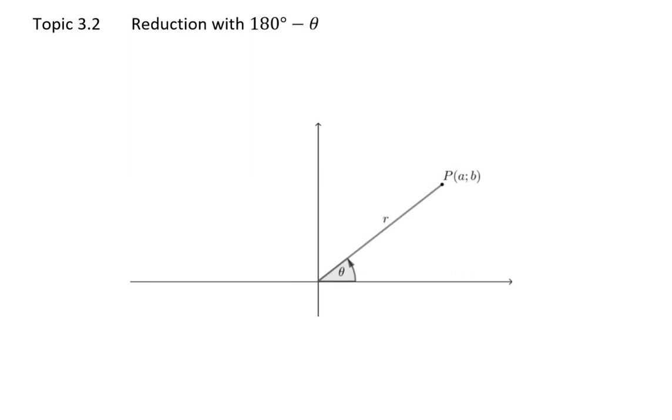So now we're going to look at the general concept. If you have an angle of theta made in the Cartesian plane, r represents the length of the line from the origin to the end, which I've called P. I've labeled the x value as a and the y value as b. So we can work out the sine, cos and tan ratios of theta using a, b, and r.